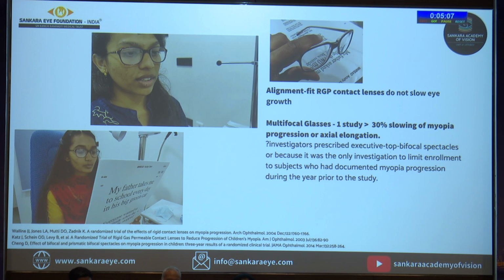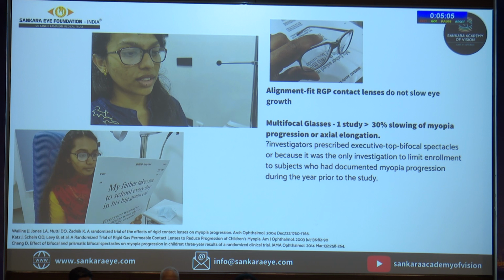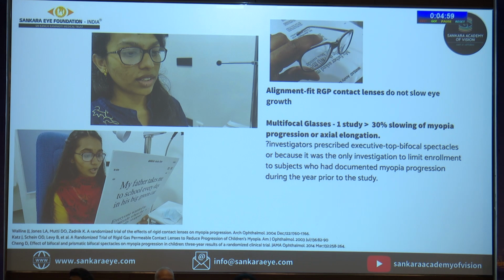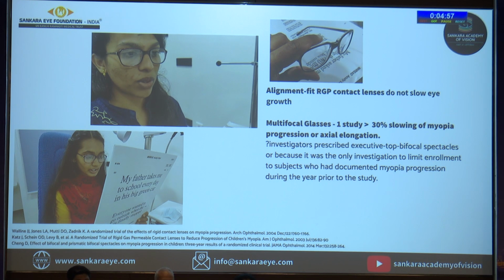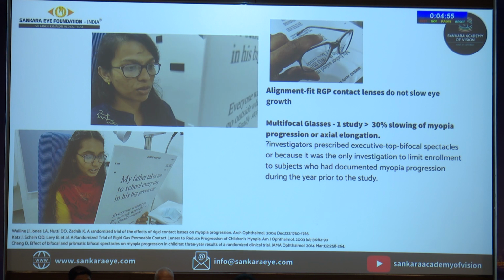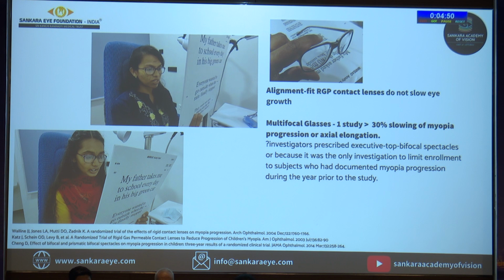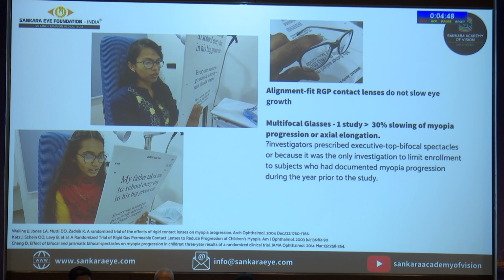Again, do RGP lenses work? Again, bifocals have been tried. RGPs, again, we know do not really slow down progression. When you give a bifocal, this is a child at the bottom who's reading with a bifocal. What you slowly notice is she slowly started moving her head down, and she continues to see through the top part that is clear. The kid on top actually moves the book up.